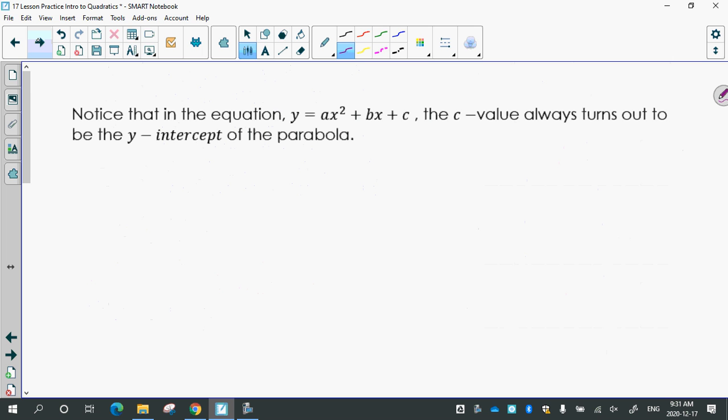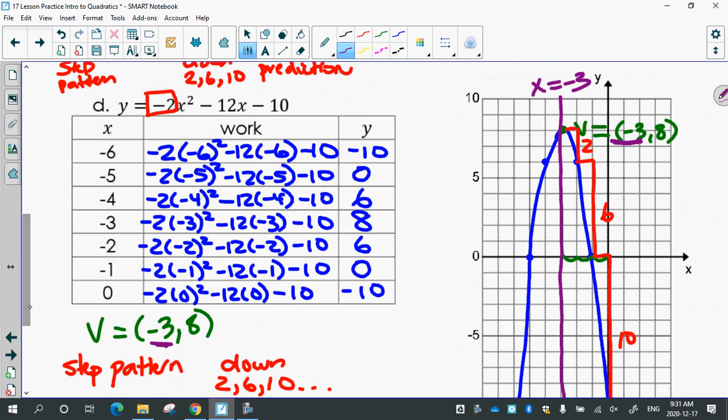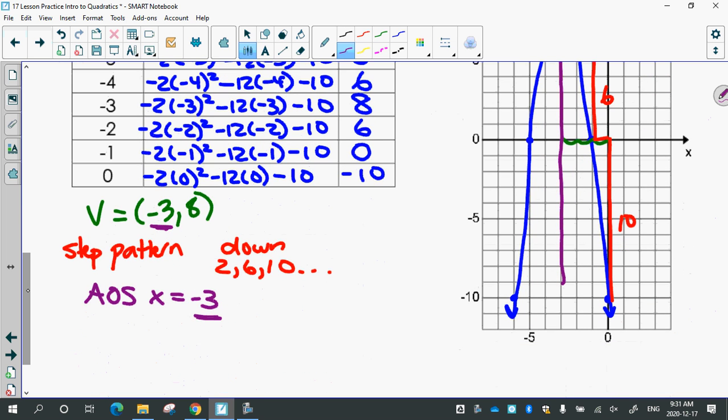Notice that in the equation y equals ax squared plus bx plus c, the c value always turns out to be the y-intercept of the parabola. So our c value was -10, and if you look at where the curve touches the y-axis, it's at -10. You see that?